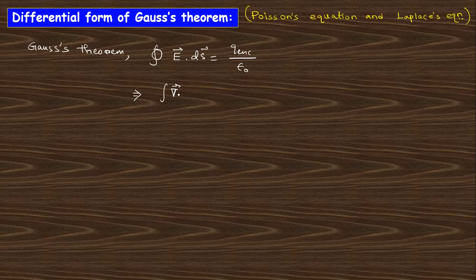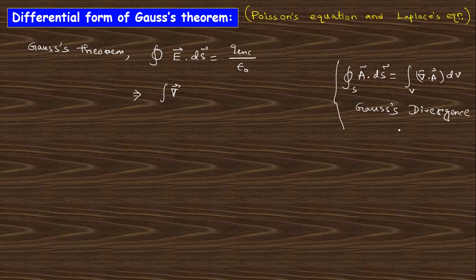You know this thing, that the closed integration of A dot dS is nothing but a surface integration, and this is the divergence of A, a volume integration. This is the Gauss divergence theorem in vector analysis. So using this, we can write the closed integration of E dot dS equals the volume integration of divergence E dV.